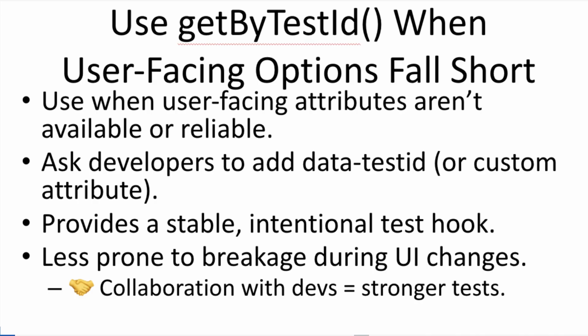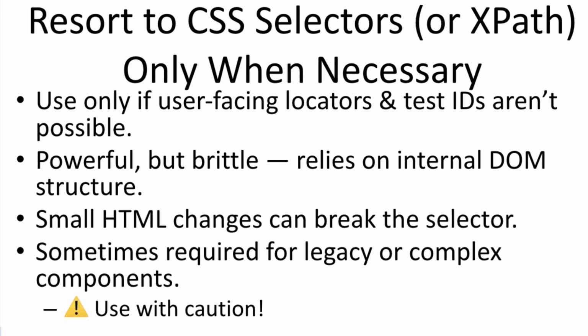And then finally, you should resort to CSS locators or XPath only when necessary. Only if all the above options did not work for you and you cannot add the data-testid also, then you should try to use CSS locators and XPath, which we will cover in the next video. Of course, these CSS selectors and XPath are also powerful, but they can be brittle.